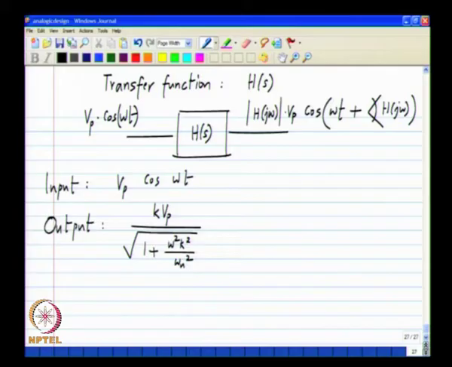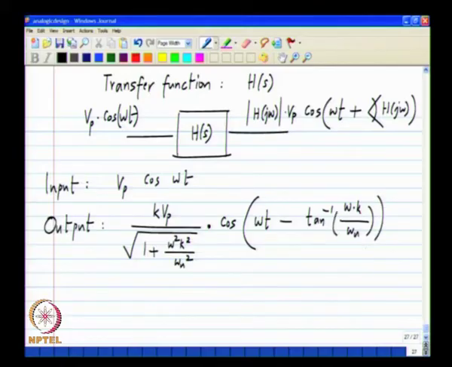This is V p multiplied by the magnitude of the transfer function, and cosine of omega t minus, because the angle is always negative for this particular transfer function, tan inverse omega k by omega u. Of course, this is a rather complicated expression, but we have to make sense of it as usual by making suitable approximations.